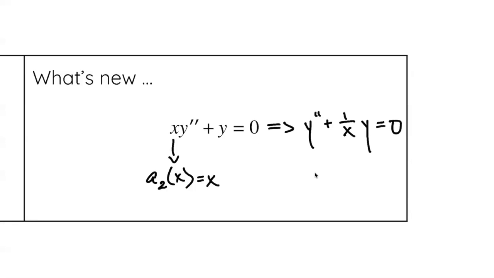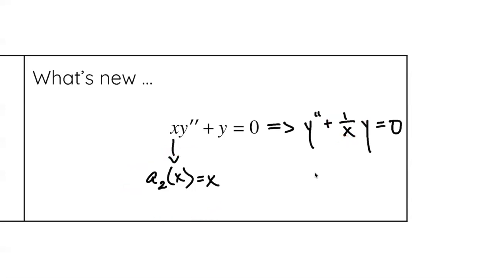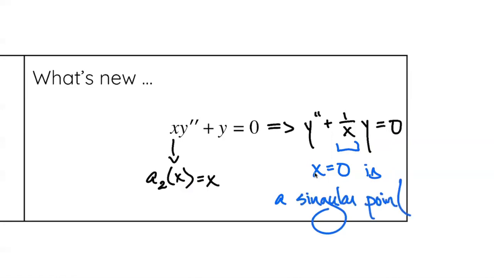And so once we've divided that away, even though this doesn't equal 0, like that leading coefficient doesn't equal 0, we end up with a coefficient later on in the differential equation that does have a discontinuity. Okay, and so because this has a discontinuity at x equals 0, we're going to say that x equals 0 is a singular point.